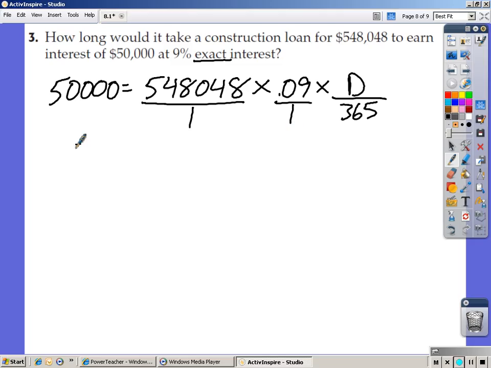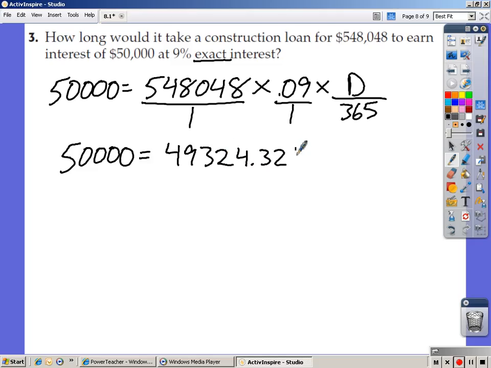We end up with 50,000 equals, okay, 548,048 times 0.09, 49,324.32D divided by 365. Go ahead and multiply both sides by 365.